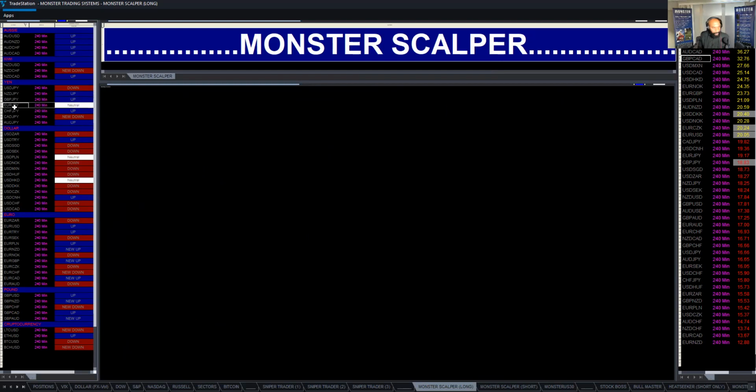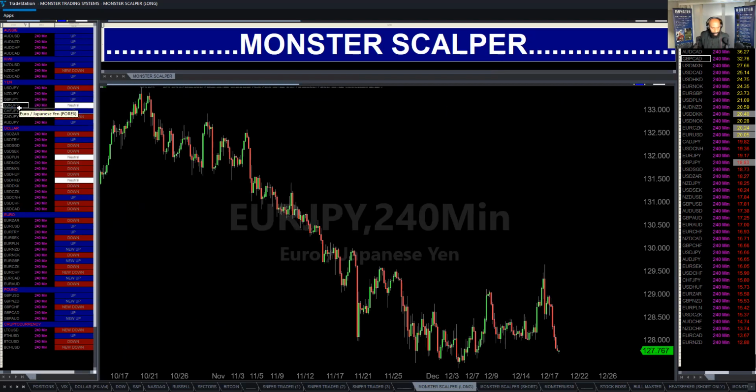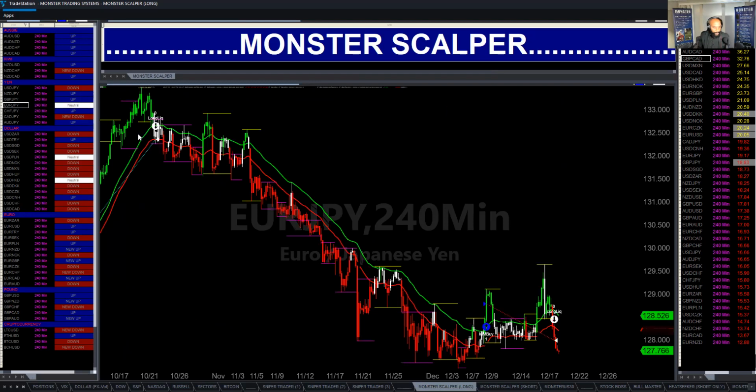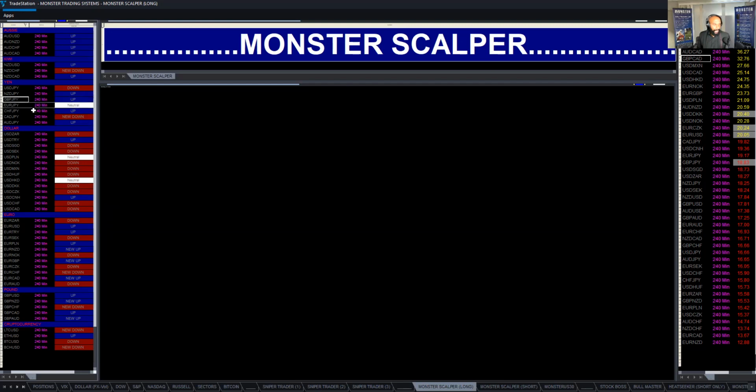Euro yen. There's a lot, and traders love to trade these pairs because there's a ton of volatility in those pairs, especially pound yen.